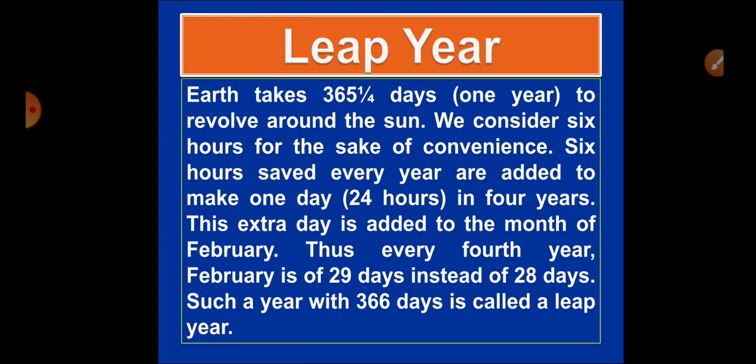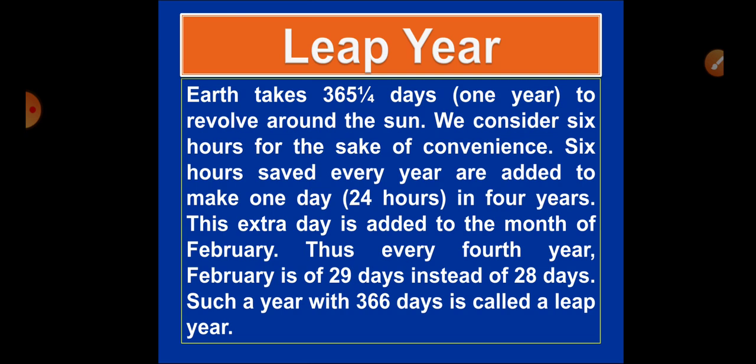Just consider that the earth is completing its one round around the sun in 365 days and 6 hours. So we take 365 days as 1 year, because we are not counting the 6 hours in each year. So what we do, we add these 6 hours to make one complete day in 4 years.